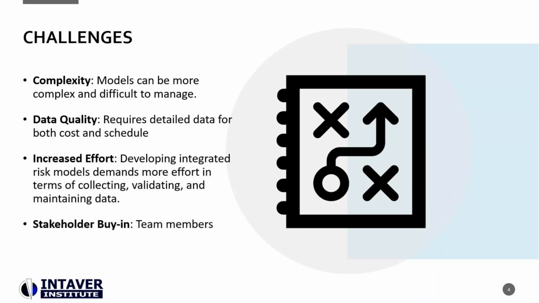So the first thing I'd like to do is just look at the challenges. Running an integrated cost and schedule risk analysis can present several challenges and drawbacks. Complexity: integrating cost and schedule data can involve complex modeling, which can be time-consuming and difficult to manage. Data quality: the analysis relies on accurate and detailed data for both cost and schedule.